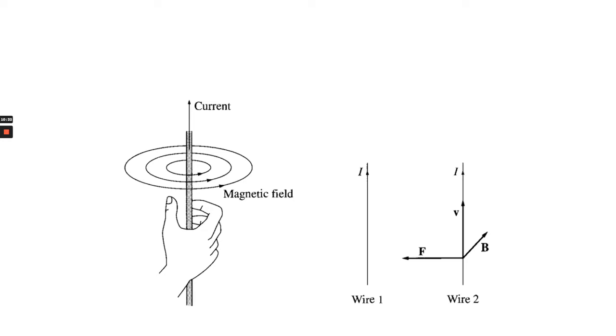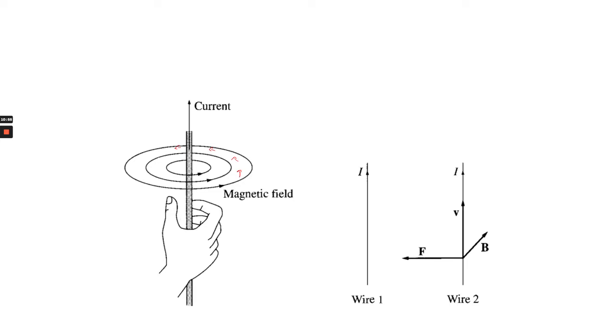If you have a magnetic compass, ang imuhang magnetic needle will point this way. So unlike the electric field, it will not point radially outward or radially inward. Okay, that's the case for the magnetic field.